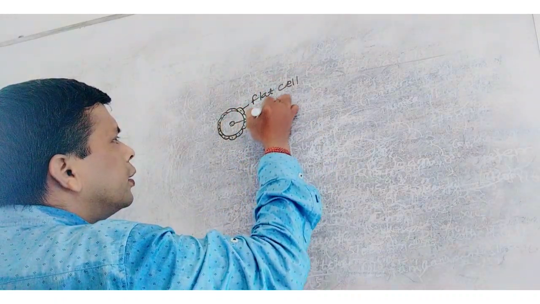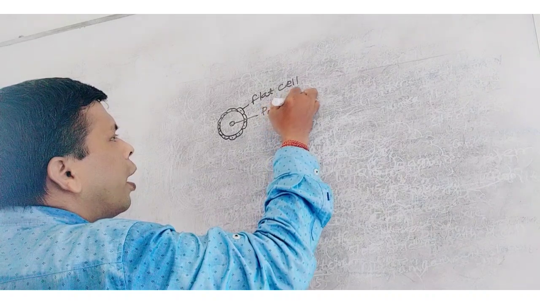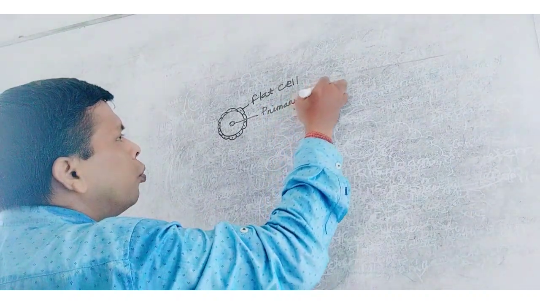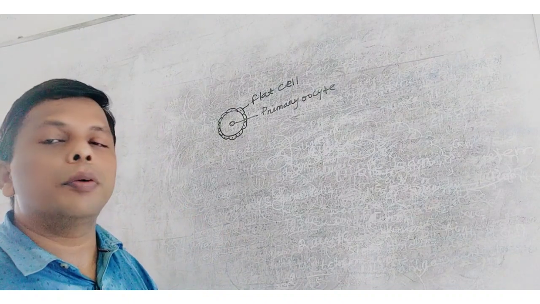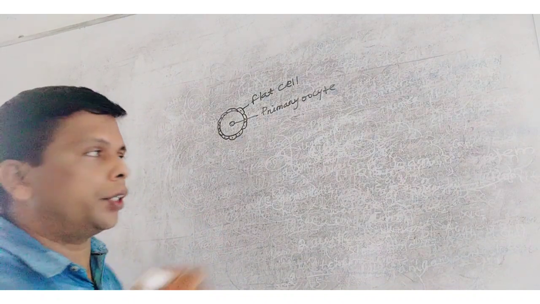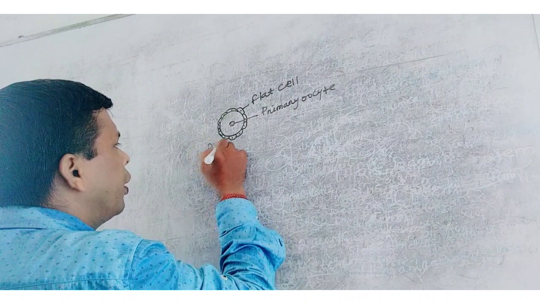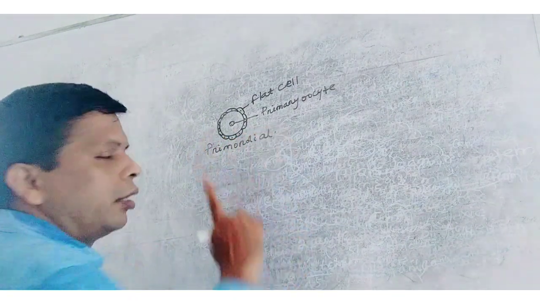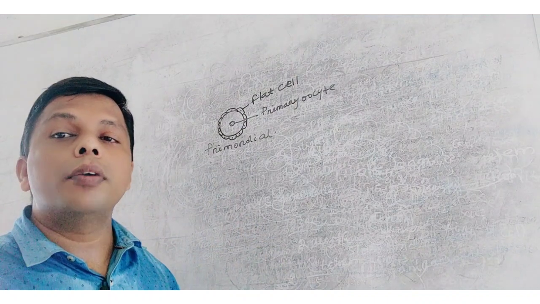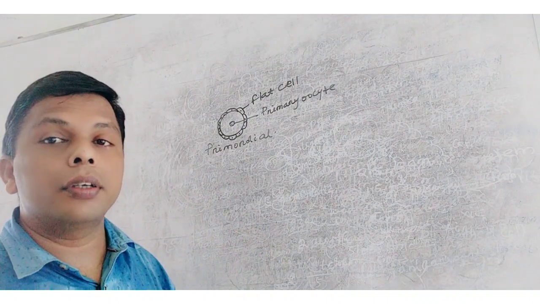Inside it is the primary oocyte. It is the primordial follicle. Remember it. The primordial follicle is formed first inside the ovary.